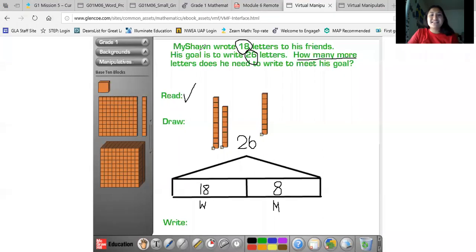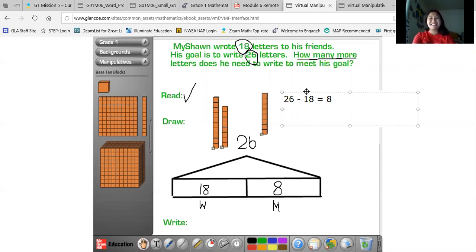What number sentence can I use to help figure out my missing part? So we already figured it out. What number sentence can I use? I can use a subtraction number sentence, starting with the total. Then I would take away or subtract the part that we knew, and we were left with 8.